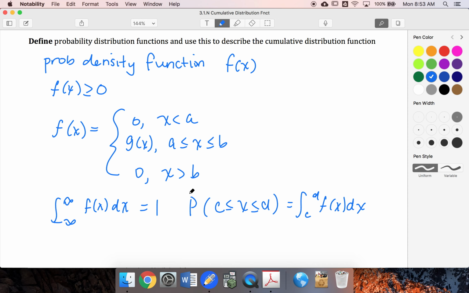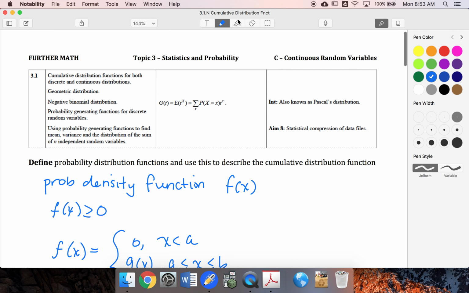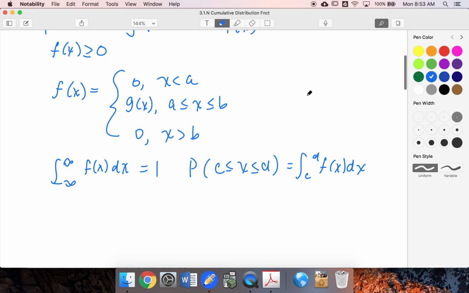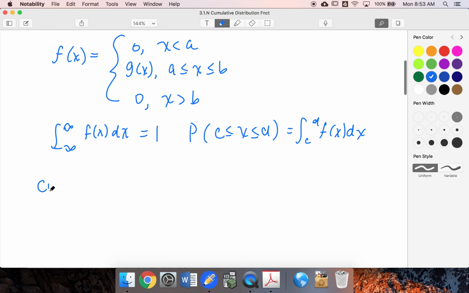Okay. The other thing now that we want to talk about that's in our syllabus is the idea of the cumulative distribution function. So normally in our calculator we have our CDF when we think about our different distributions on our calculator. So a cumulative distribution function is capital F of x is how we denote it.